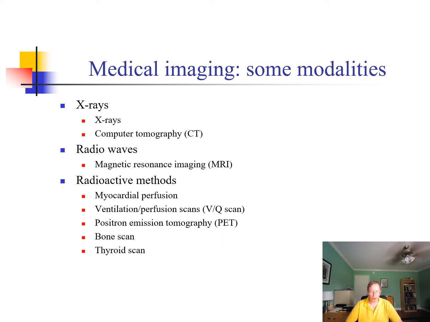Radio waves, which are not very energetic, are used in magnetic resonance imaging. There are many radiochemical methods. Those radioactive methods include things such as myocardial perfusion studies, ventilation perfusion studies for looking for blood clots, positron emission tomography, bone scan, as well as a thyroid scan. And I hope to touch upon each of these.